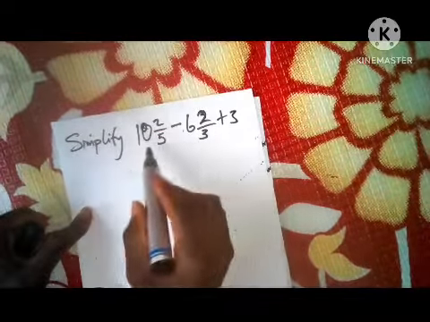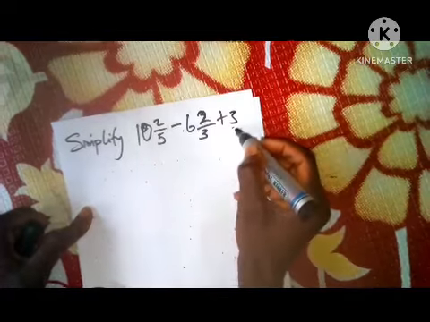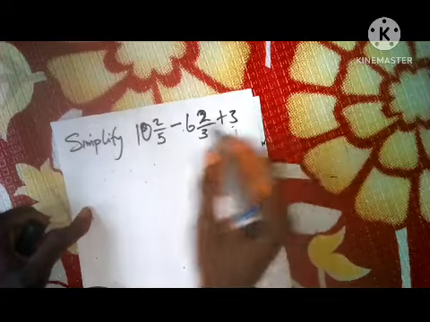Now this 3 is like saying 3 over 1. This is a mixed fraction.